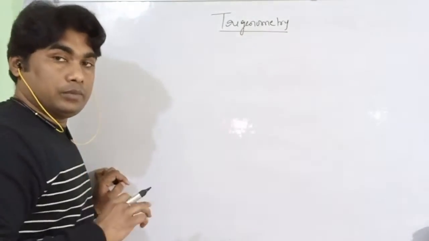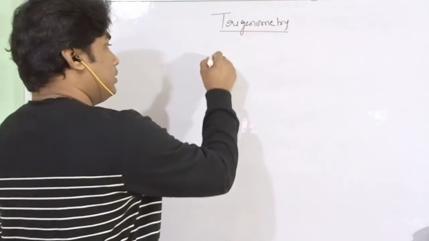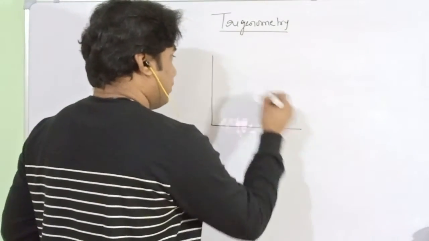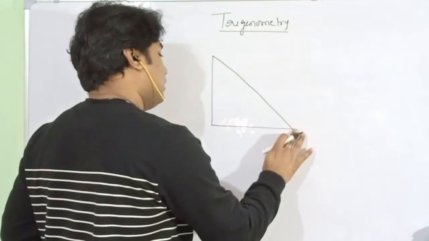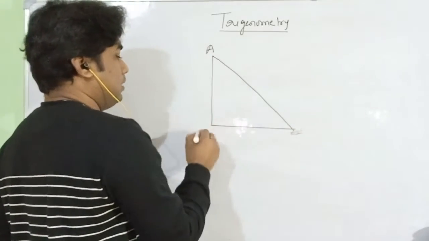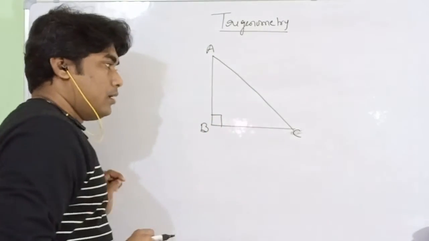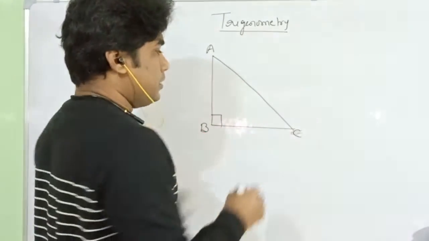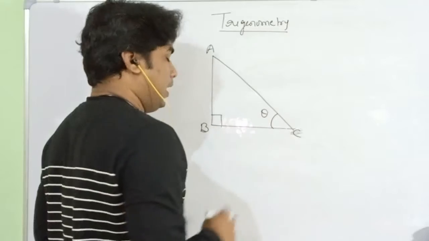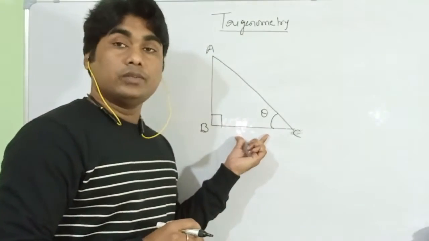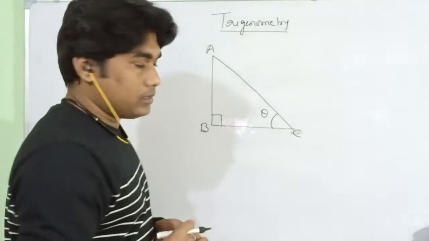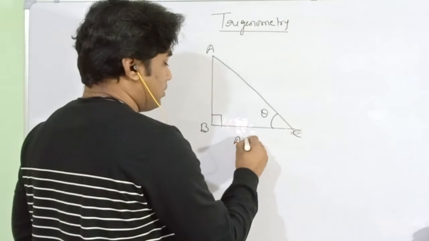First of all, we are going to learn some terms. Suppose this is a right angle triangle, right angle at B. If we consider this as theta, then in a right angle triangle, this is known as the adjacent side.